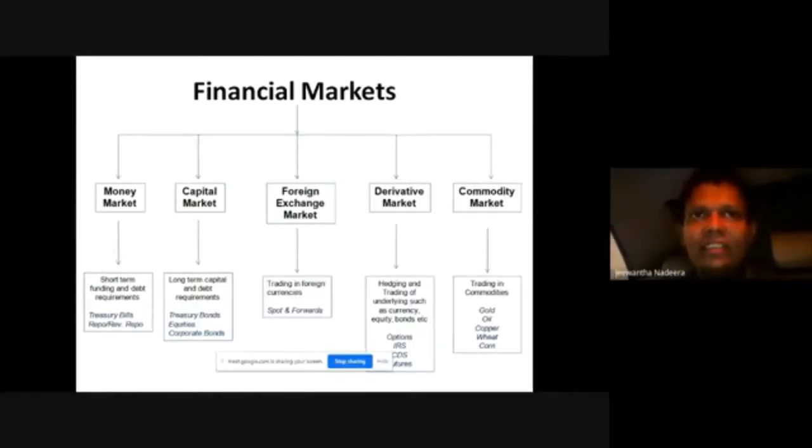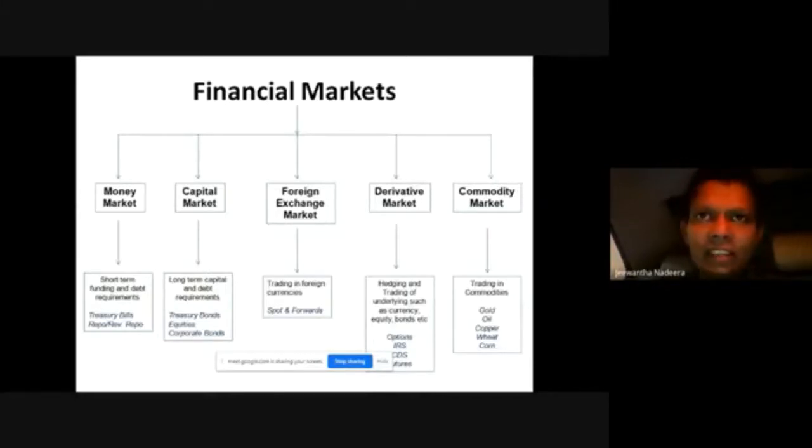Why? We presume that any government will not default, though there are governments who default. But the general presumption is that governments are not defaulting. So that's why we call it a risk-free instrument. Which risk is not there? Credit risk or default risk.